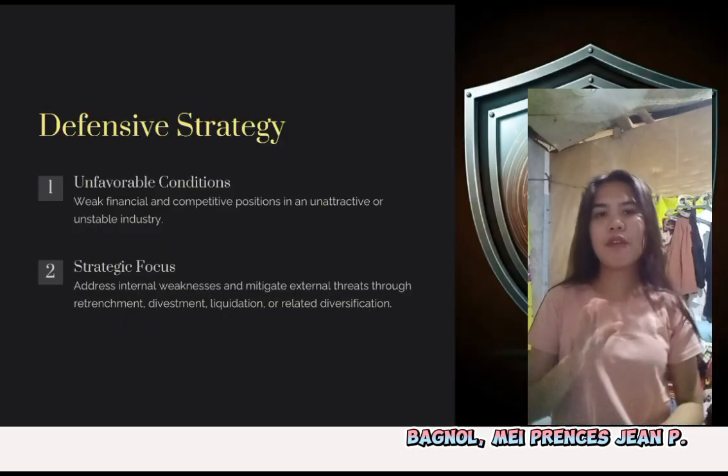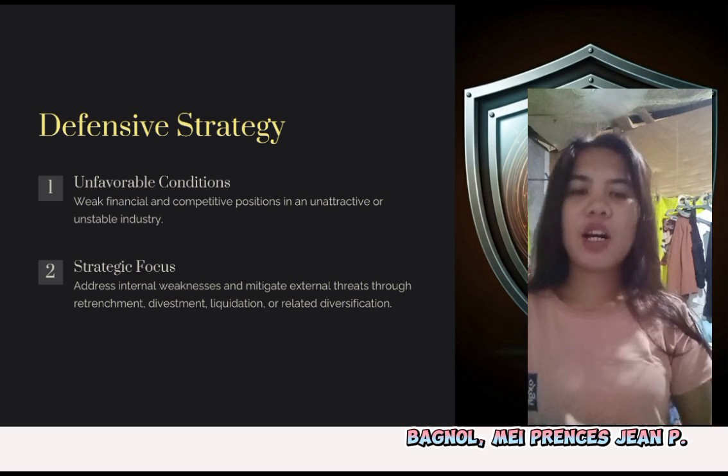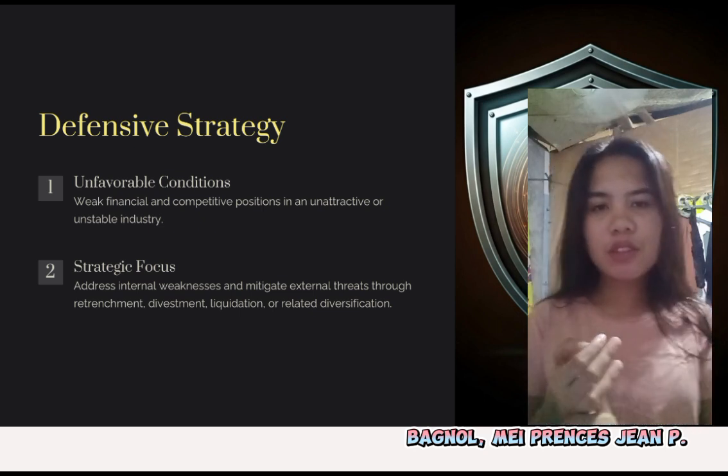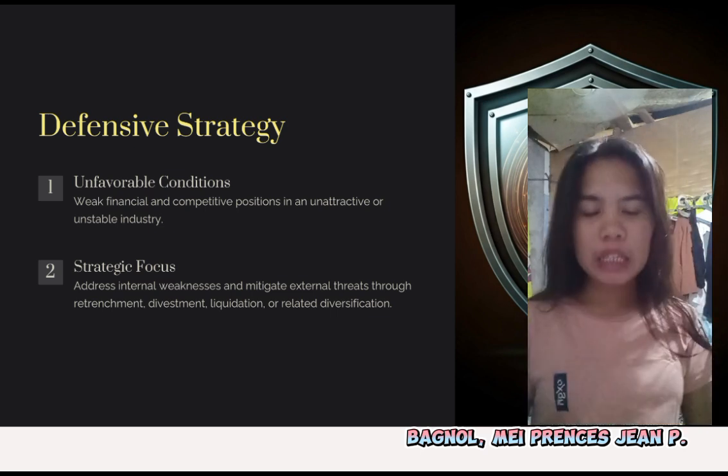Last is the defensive strategy. In hospitality, it is what a hotel uses when it's facing tough times, like financial struggles and a lack of competitiveness in a difficult market.